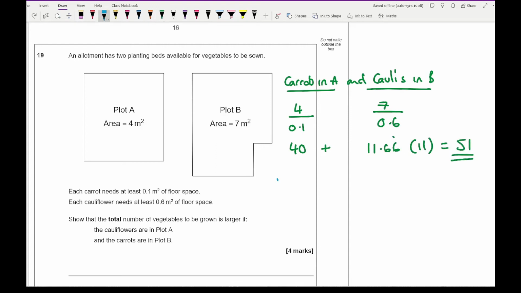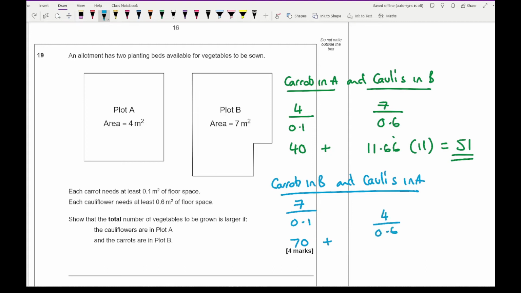Then if I do carrots in B and cauliflowers in A, then that's going to be 7 divided by 0.1, which is 70, plus, and we then get 4 divided by 0.6, which is 6.6 recurring.